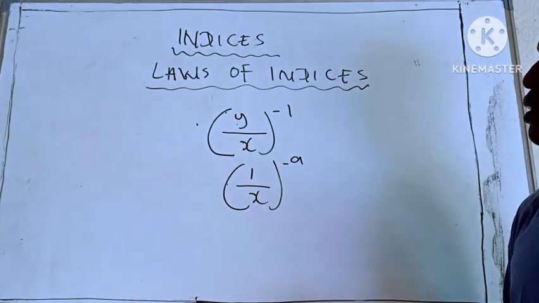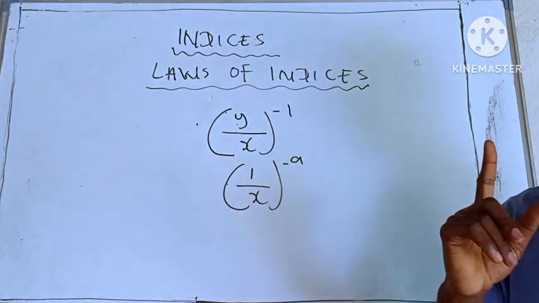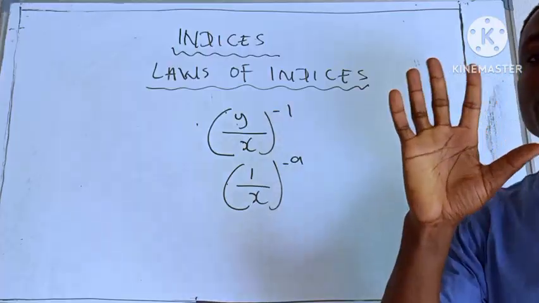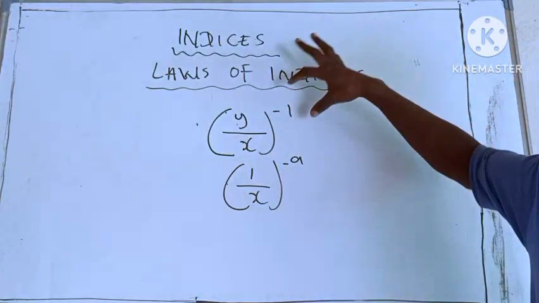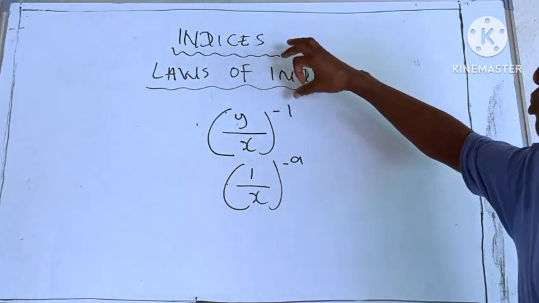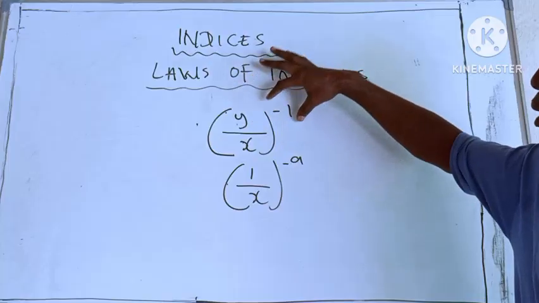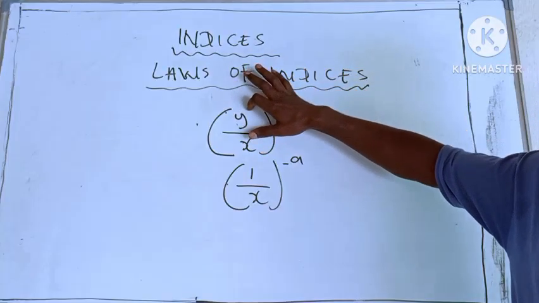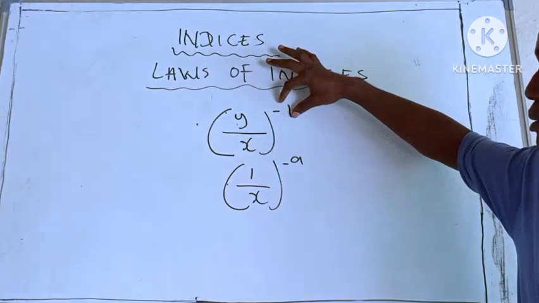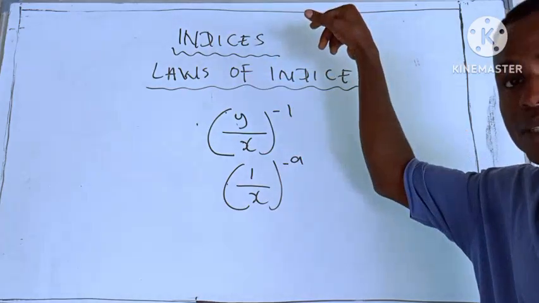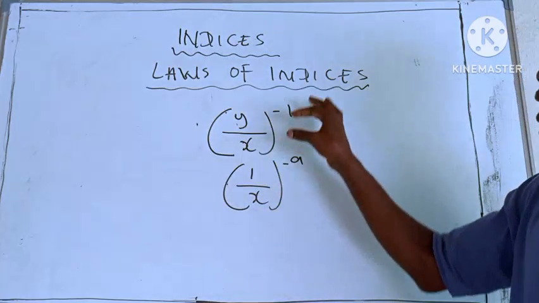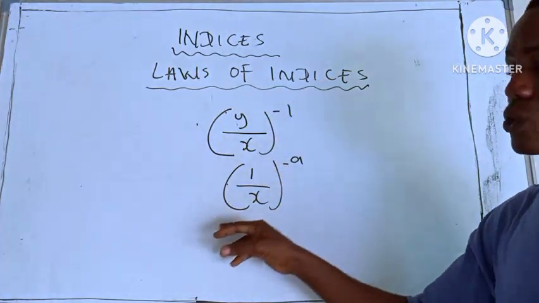Are you getting it? Now, when you are solving a math problem, and you come across this type of number, or a numerator and a denominator, then raised to power minus something. Are you getting it? After this explanation, we use numbers.